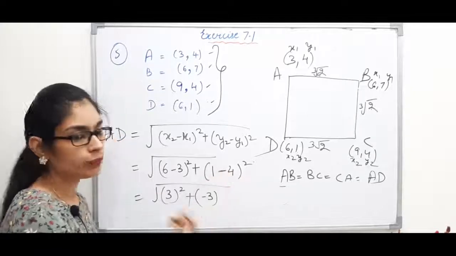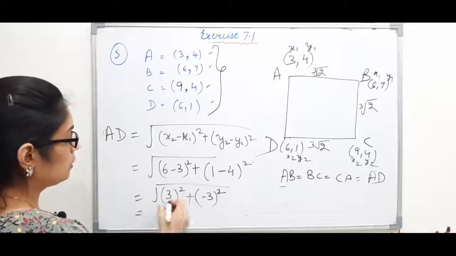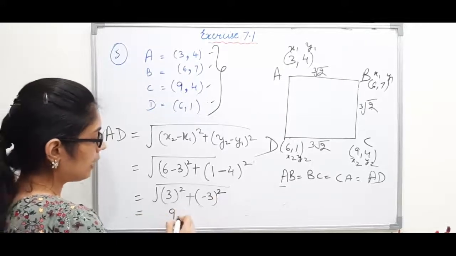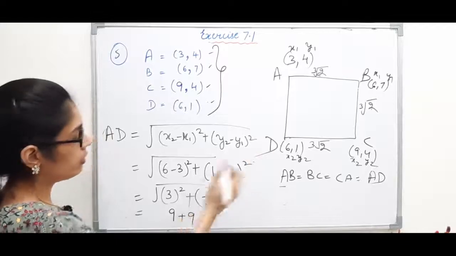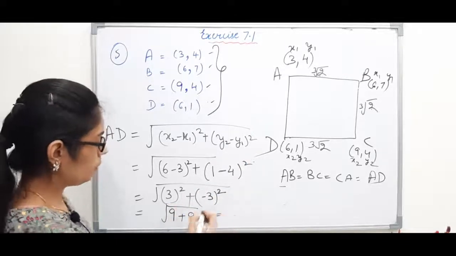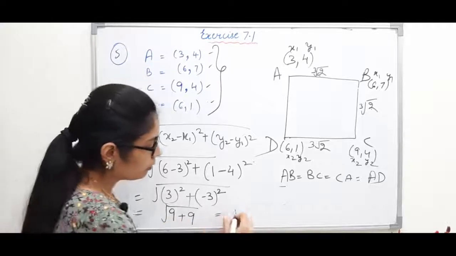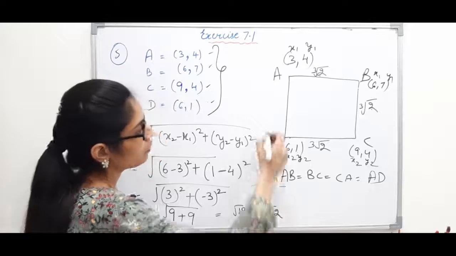So with 4 I have minus, so with the answer also minus sign will be there. Square of 3 will be 9, and square of minus 3, again it will be 9. We have done this in previous parts also. So 9 plus 9, root 18, which is equal to 3 root 2.